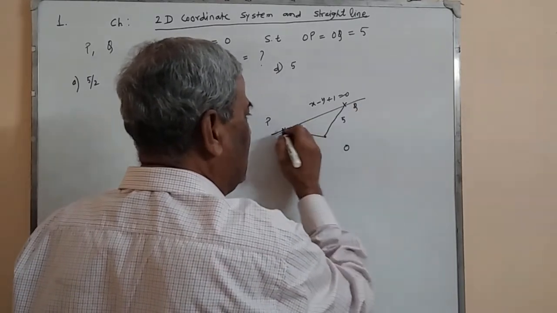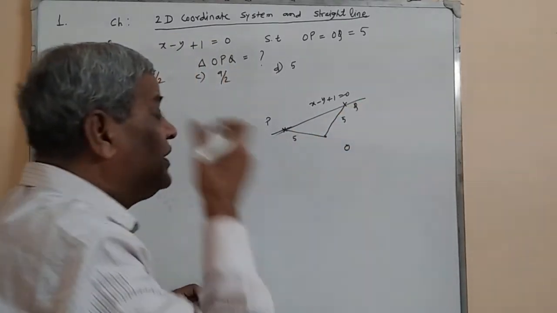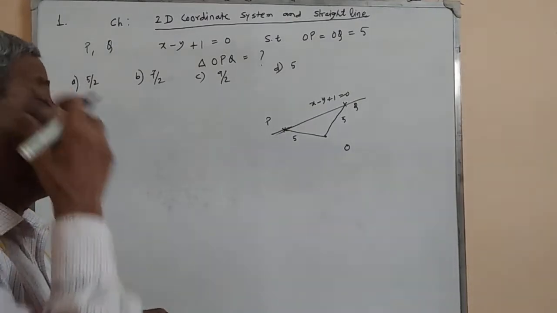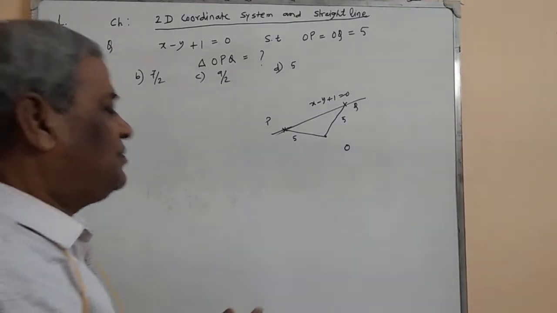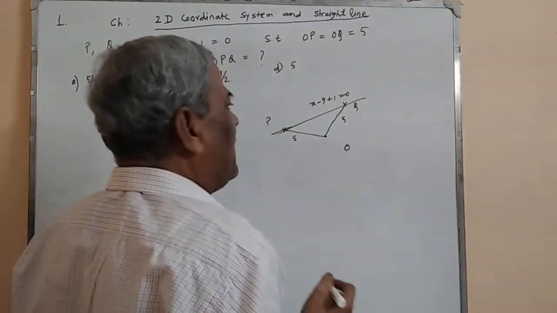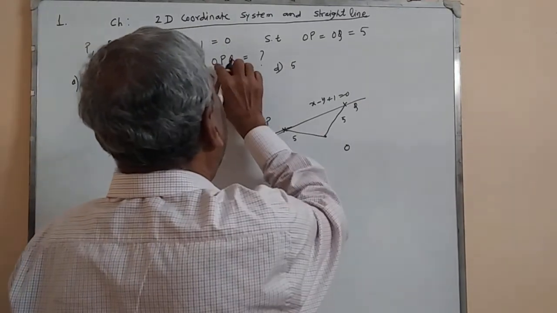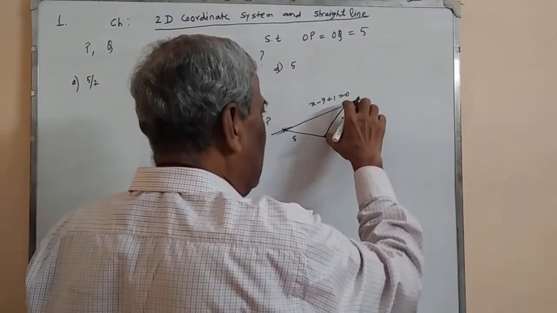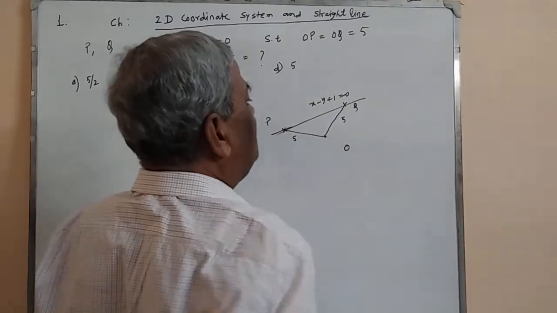That means OP distance and OQ distance are both 5 units.